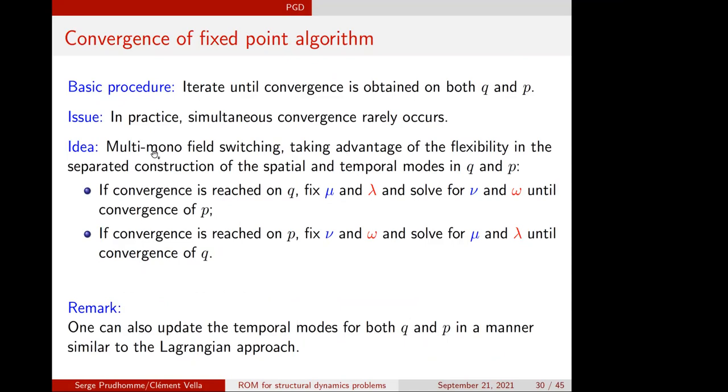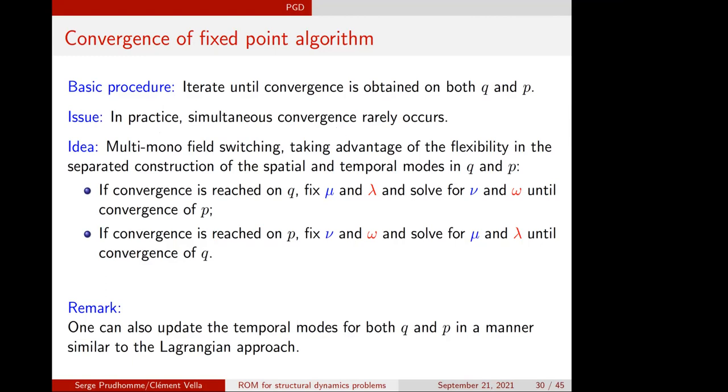The thing is, and this is something that Clément has observed, we don't have simultaneous convergence with respect to Q and P. So the idea is to take advantage of the flexibility in this separated construction of the spatial and temporal modes in Q and P.